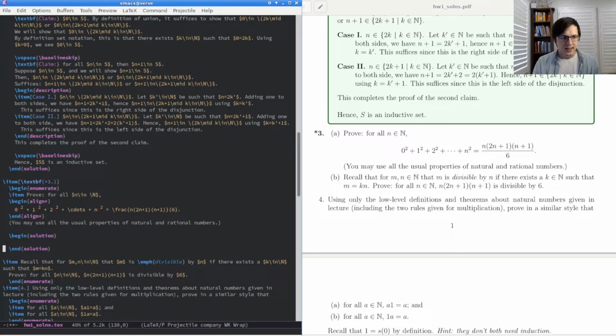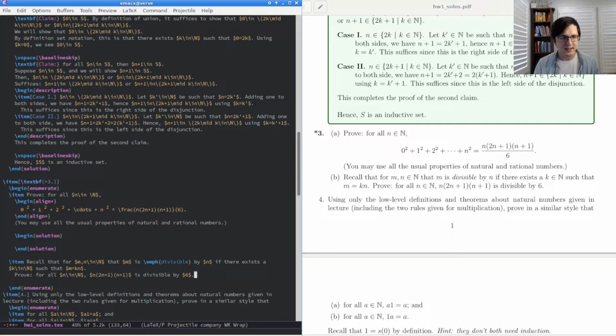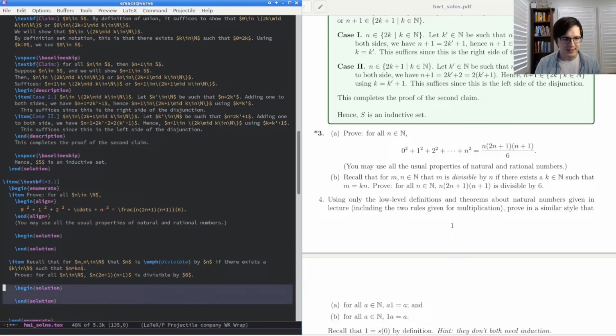Where am I? Right. Guess that got indented weird. Yeah, let's get this indentation better. And let's also create the solution there, just to get us started. Compile.